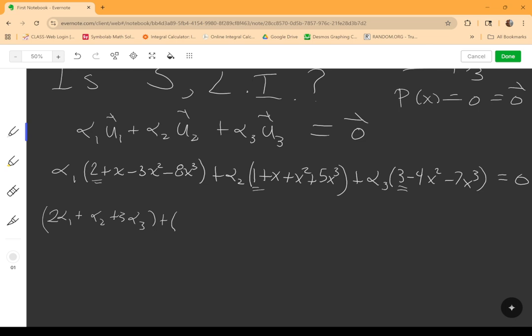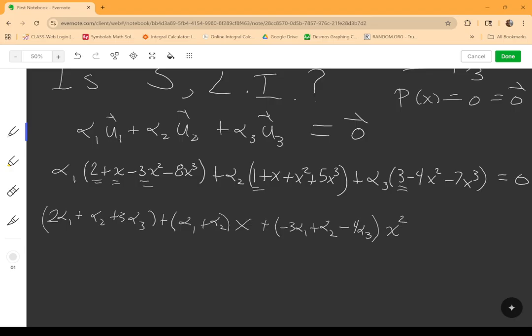And now my linear terms. So x, that's alpha 1 x, alpha 2 x. And then there's no linear term in this polynomial here, so that gives me my x. And now moving to the x squared term, that's minus 3 alpha 1 plus alpha 2, and then minus 4 alpha 3.